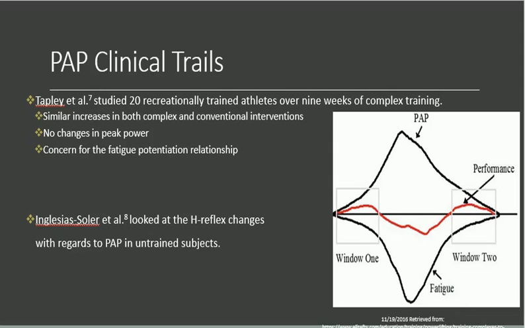The authors came to the conclusion that one reason could be differences in the fatigue response between the two groups of subjects, but also that in untrained subjects we see a high individuality in the response we're going to get from this PAP elicitation. So with these untrained athletes, we might have a PAP response take place, but the window of fatigue might be very large. We might have a small performance increase due to the small window where the PAP response is greater than fatigue, or our untrained subjects just are not responding properly to this conditioning contraction.